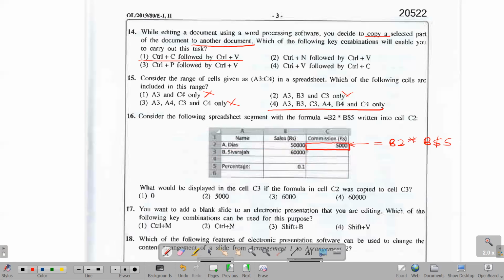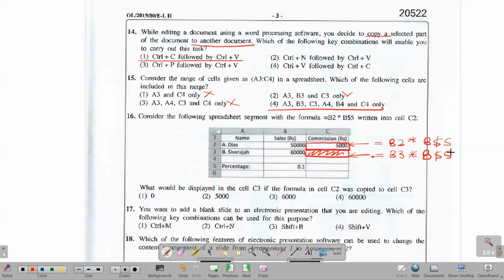So they are asking us to copy it to this C3. That means on the same column, the row is being changed, so the numbers are going to change. When you copy it here, B2 will become B3. Multiplication will be there, B will be there, and $5 will be there as it is.